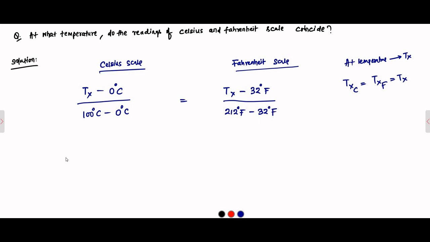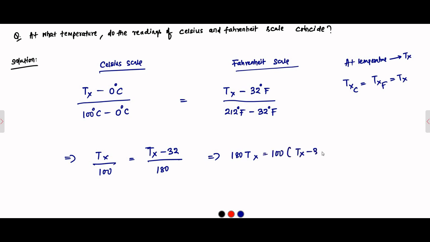So that implies Tx by 100 is equal to Tx minus 32 by 180.